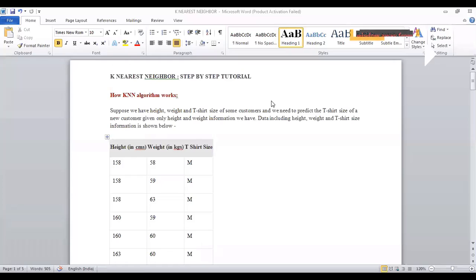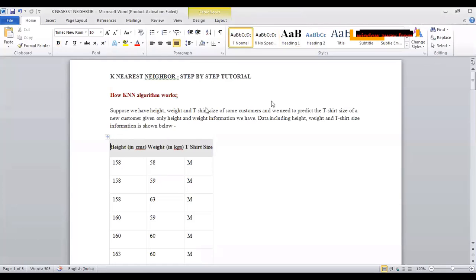We have an example here on the screen. Suppose we have height, weight, and t-shirt size of some customers, and we need to predict the t-shirt size of a new customer by taking the height and weight as the input. The data including height, weight and t-shirt size information is shown in the table. For this height and weight, the t-shirt size is given. If the height is 158 and weight is 58, the size is medium, and 158 and 159, the size is medium.